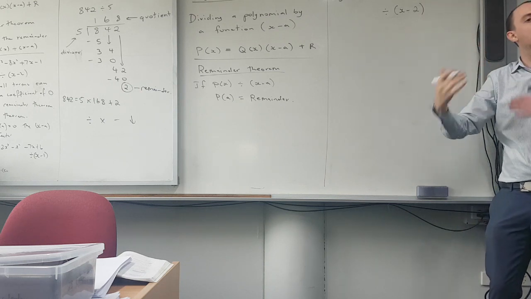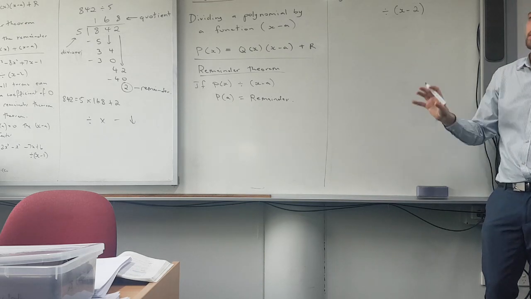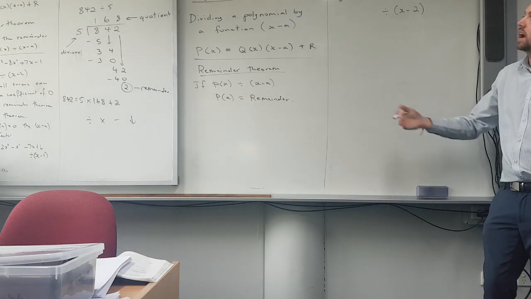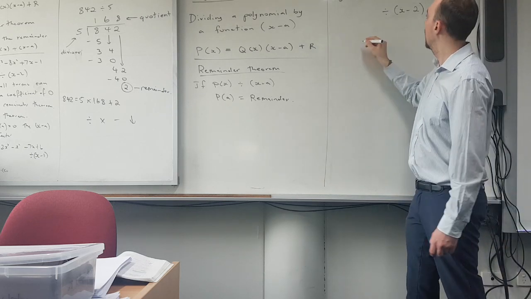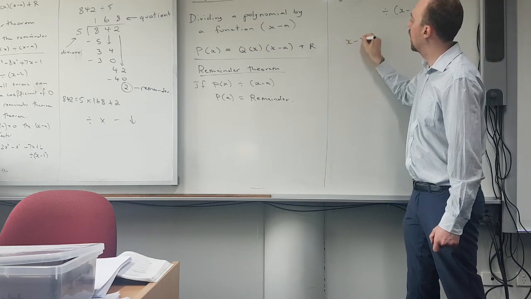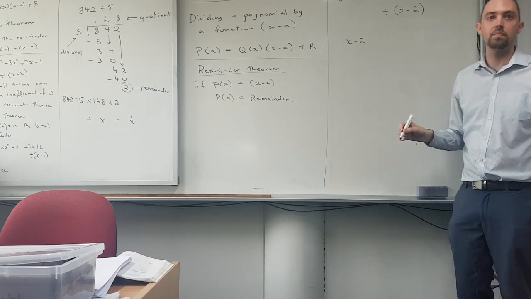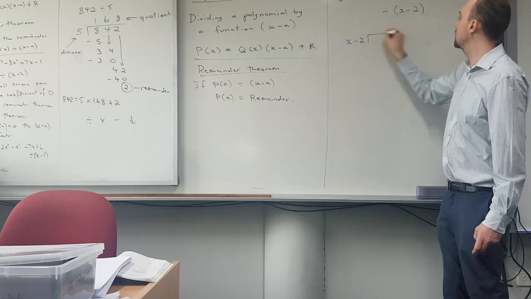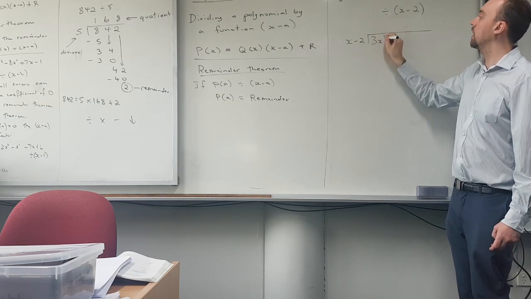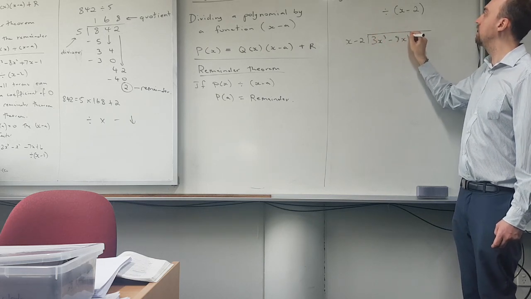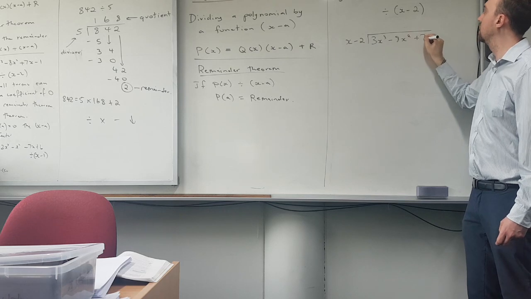I'm going to do the long division style first, and then we'll calculate the remainder the other way. So I am dividing by x take 2. We want to set up our long division. Divide by this function, and we're going to have this as our dividend.